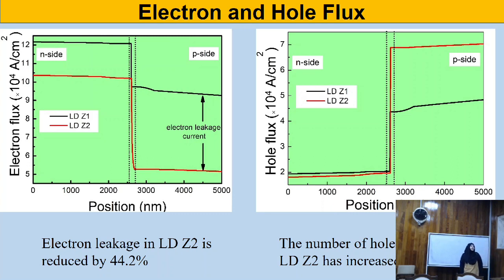We also have to increase the holes into the active region so they can recombine. You can see the hole flux for the reference device, the black curve, has a lower value, and for the proposed device, the red curve has the maximum number of holes coming into the active region.